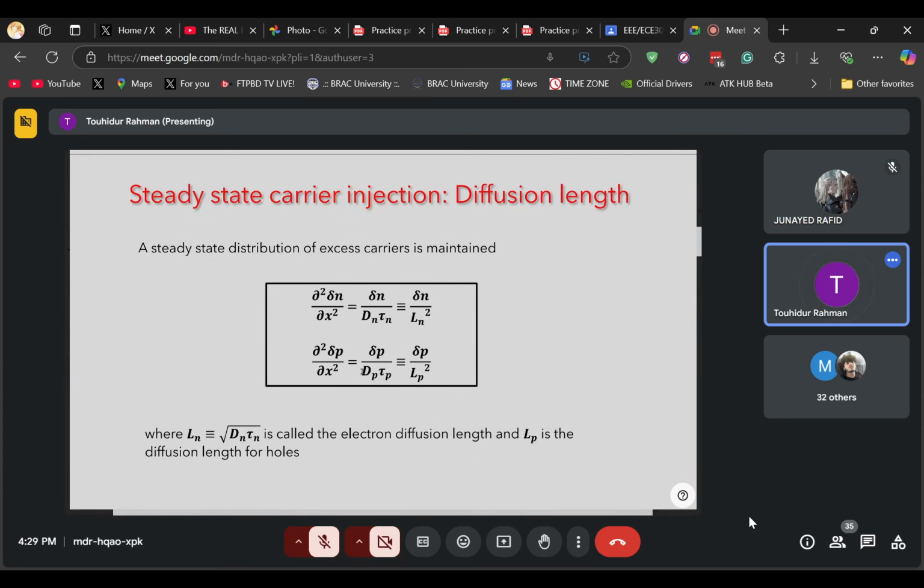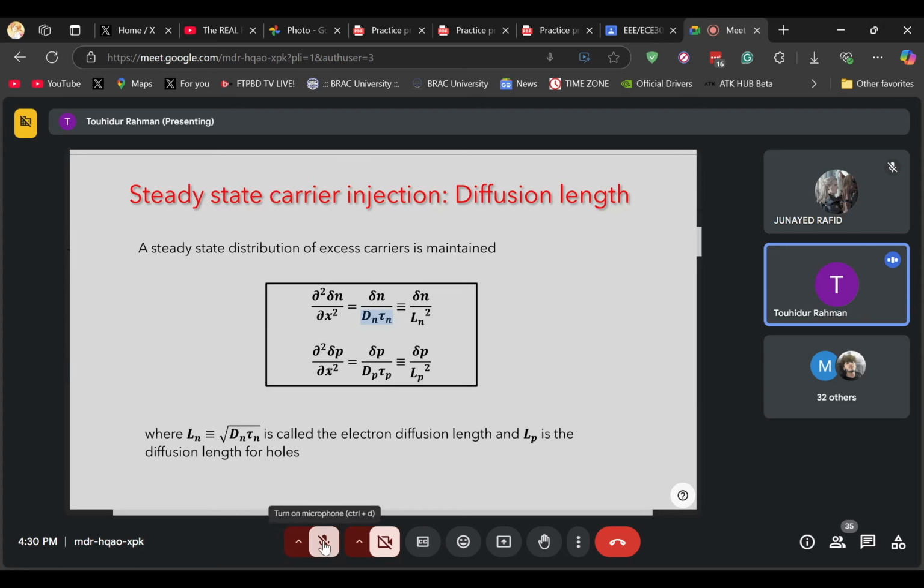where we combine diffusion with recombination. Tau is a recombination time constant, so we combine the diffusion change with respect to x, that is called diffusion, right? Concentration gradient, concentration difference. Can we have concentration difference with respect to time?